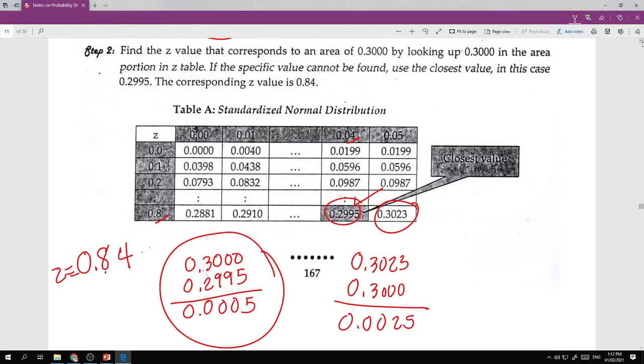Sa may pangutan na lang, mga questions para maklaro nato. Wala ray question, sir. Nakasabot ra. Anyway, this is recorded. You can go back on this later, okay? So take note, the value of the Z is 0.84.